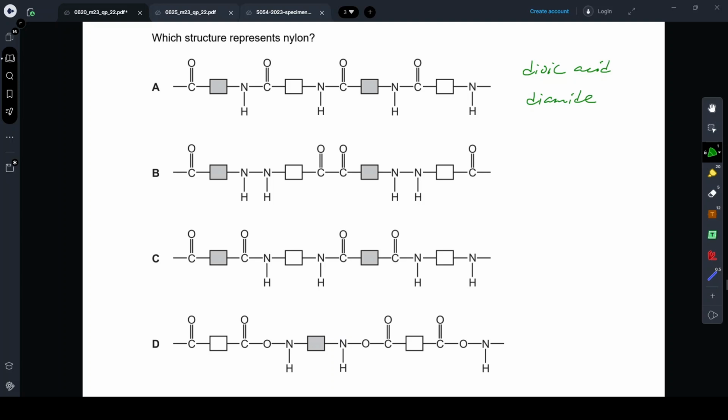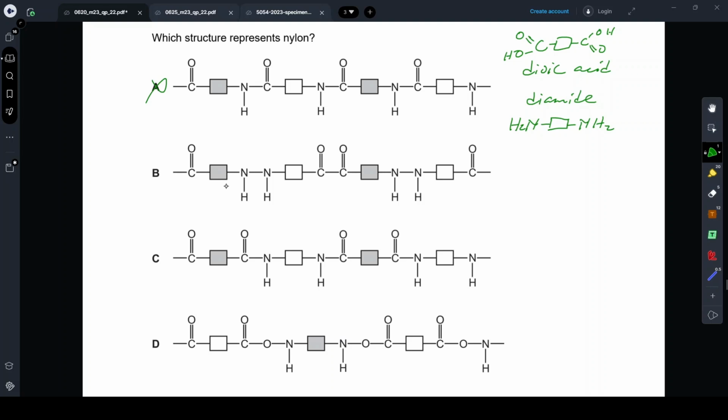Which basically means you're using a molecule that has the carboxylic acid group on both ends, and you are using a molecule that has the NH2 group on both ends. So when you put these two together, the problem with A is it's a single molecule that has the carboxylic acid and the amine, right? And so this is basically a peptide. So this is a protein, right? It's not nylon.